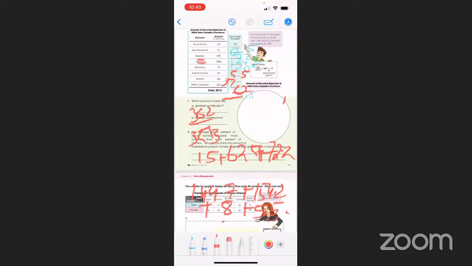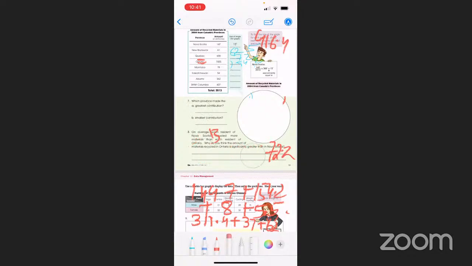Yeah, add these. That gives me 317.4. Then 0.4 plus 37 plus 62. That is 416.4. Okay, good. So we found the total.